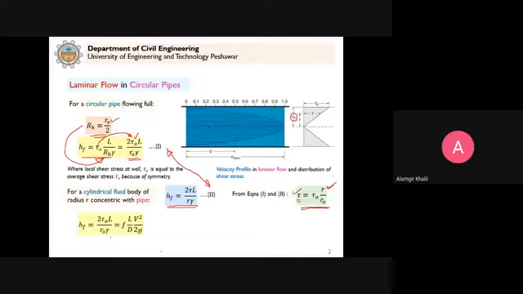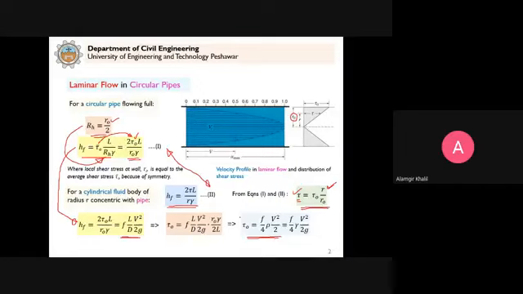Now we already know that if we equate this equation with the Darcy-Weisbach formula, from here we get this relationship that tau naught is equal to F by 4 rho into V square by 2.